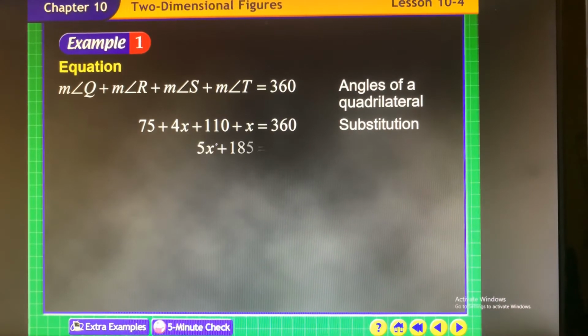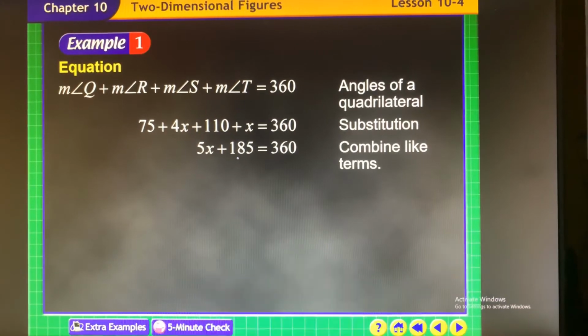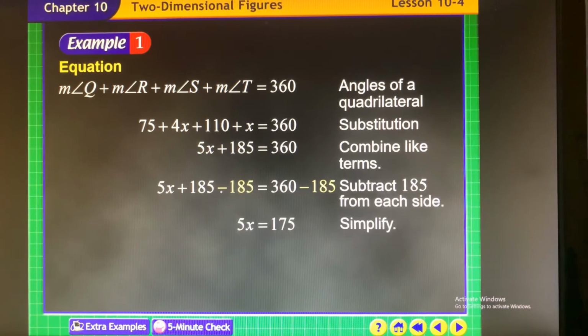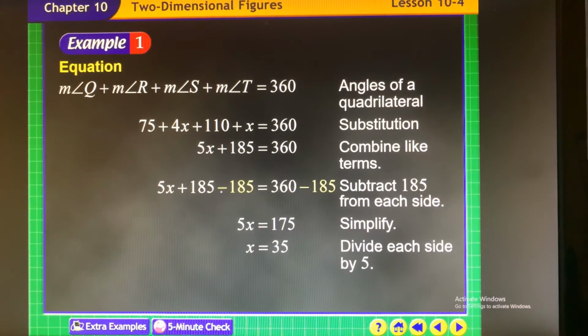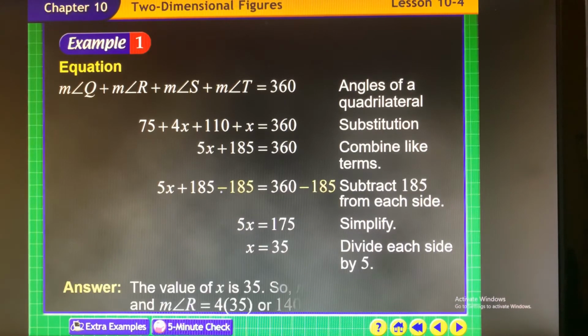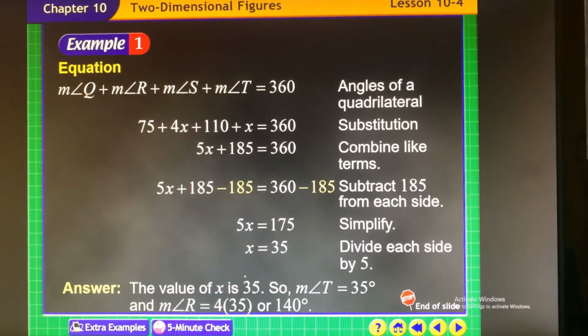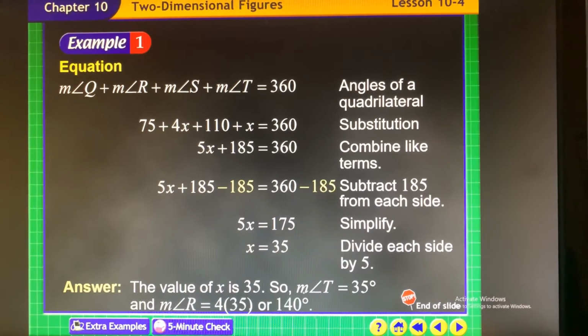Put 75 with 110 has 185. Go ahead and subtract 185 from both sides. 5x equals 175. Divide both sides by 5. x is 35. And so now you know the measurement of each of your angles, because the measurement of angle T, which was just x, is 35. And the measurement of angle R, which was 4 times x, is 140 degrees.